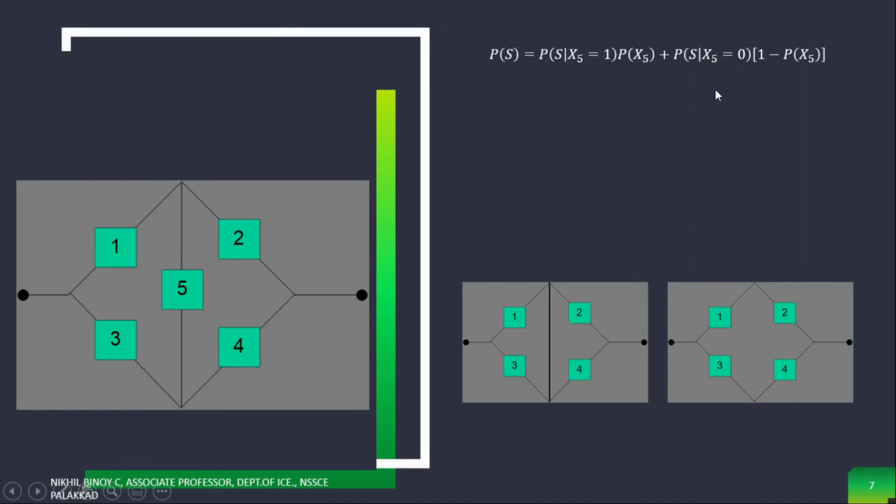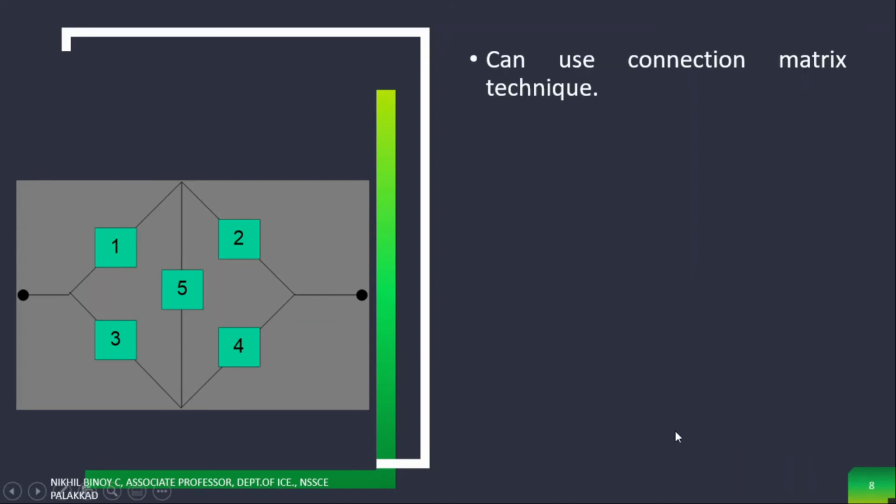That is P of S given xy equal to 0. So how do we find the probability of survival? Multiply this one with P of xy, multiply this one with P of xy bar, and add them together. So we have the system level.